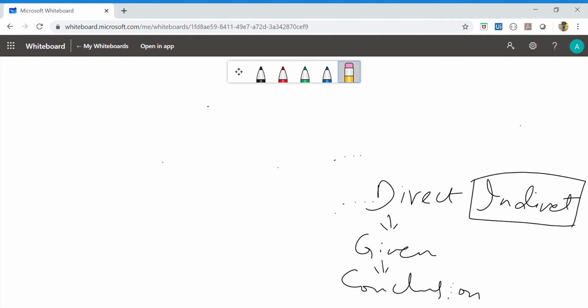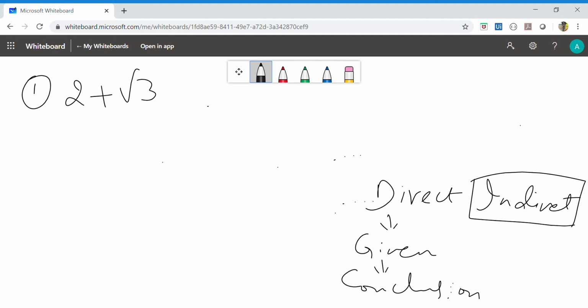First of all, I'll explain one of the models: 2 plus root 3. Show that 2 plus root 3 is an irrational number. Already I said that we will prove by the indirect method of proof.